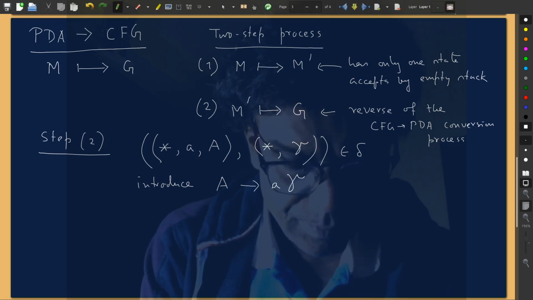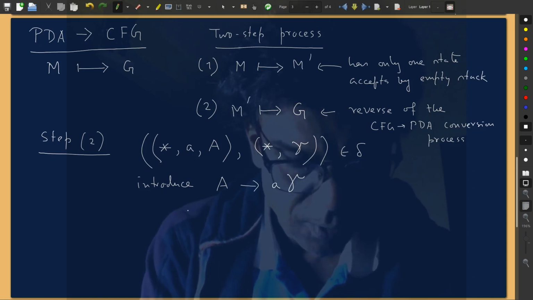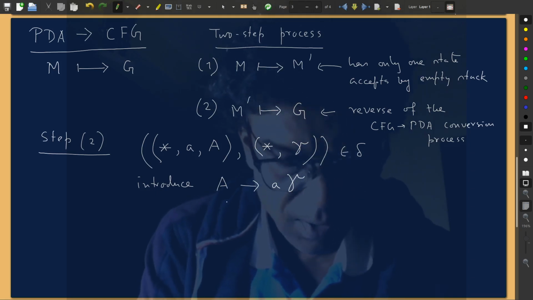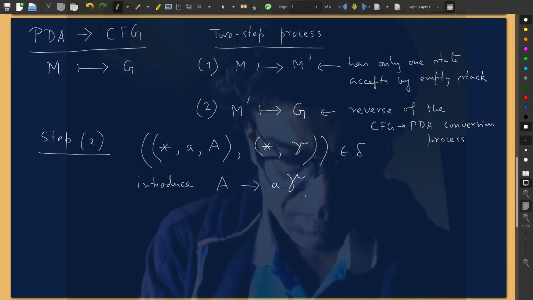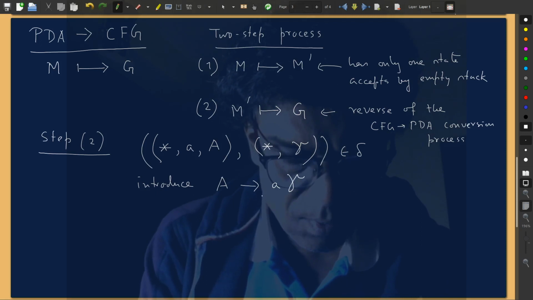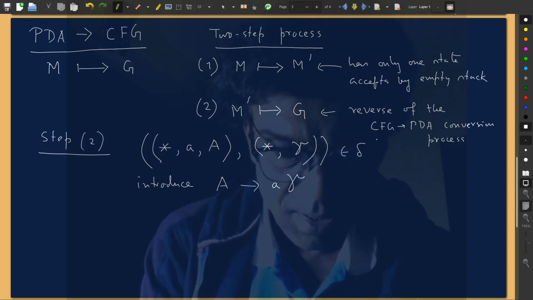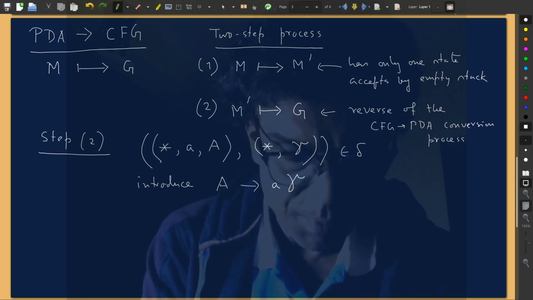So this is consuming A. Of course, A can be epsilon or a real symbol. And you can see that this is essentially a reversing of this previous conversion. Okay.